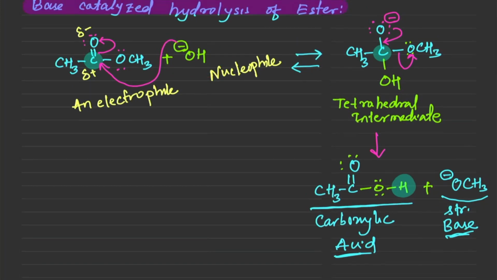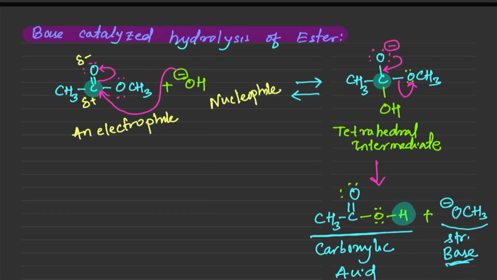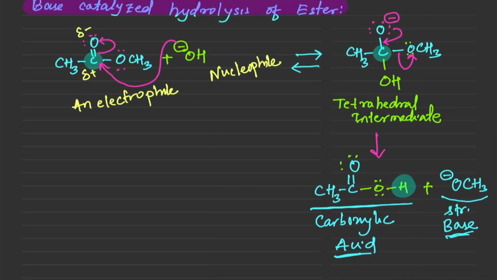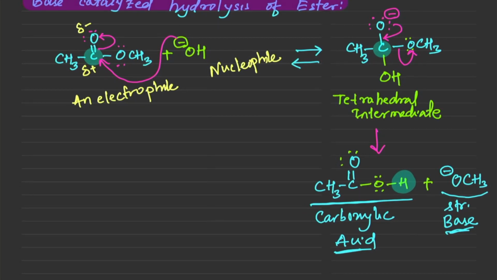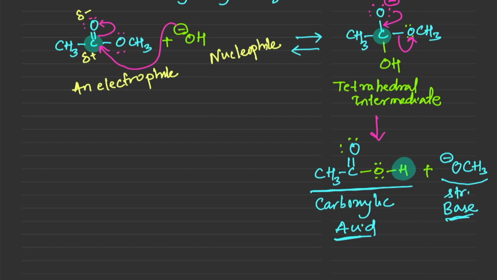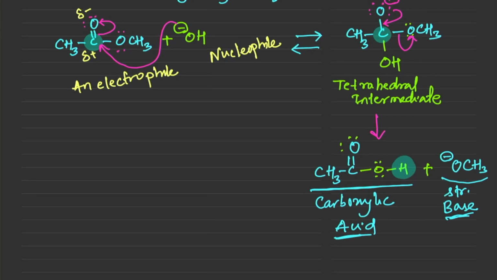But remember, this is a base catalyzed reaction where you have a lot of OH minus in your reaction. So it will basically get neutralized. You have excess, so pH is higher, and you cannot have an acidic proton when pH is higher than 7. So here you'll immediately neutralize it.